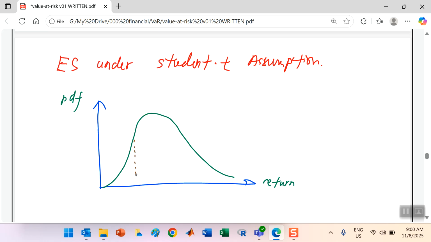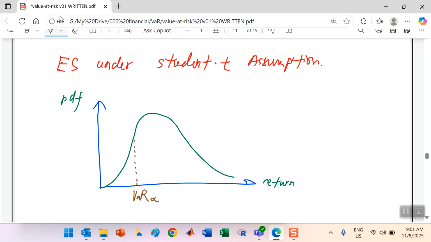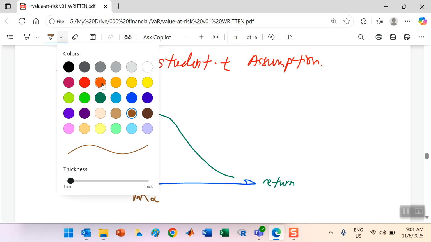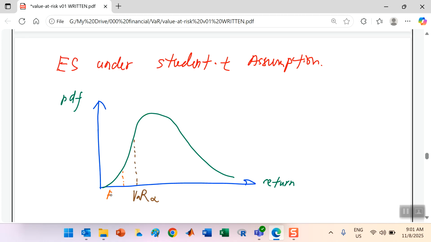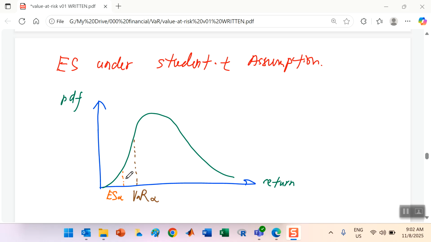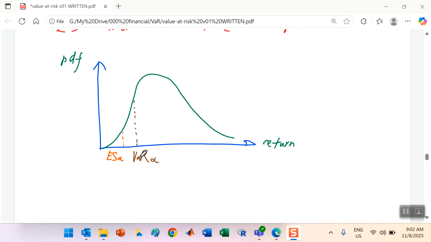Let's say this is the 5% VaR, the VaR at the level alpha. Then the expected shortfall you're going to find is a smaller value, ES alpha, because this value will always fall within minus infinity to VaR alpha. So the expected shortfall should always be smaller than the value at risk.